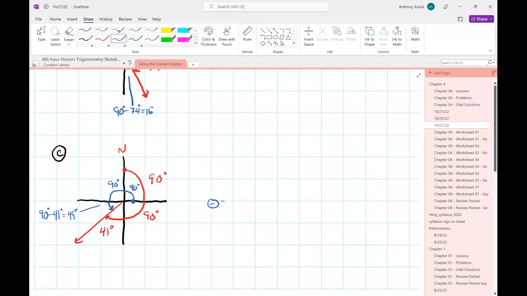So my standard position angle then is 90 plus 49, or 229. So look good so far?